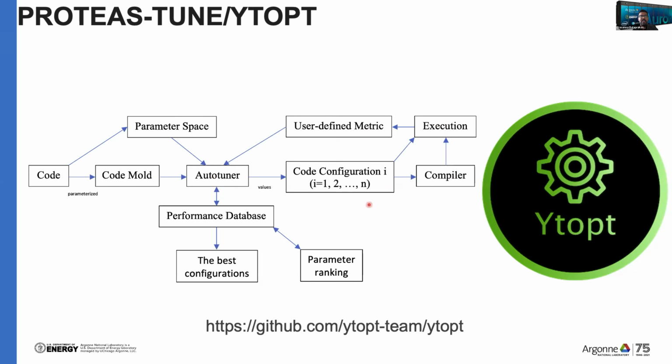This part is repeated until a user-defined budget, such as the number of evaluations or wall clock time, is exhausted. Once you reach that, the autotuner stops. While the autotuning is running, we record all the performances, like input configurations and their corresponding runtime. Then we can select the best configuration from there, or select the top K configurations and use those for evaluation.